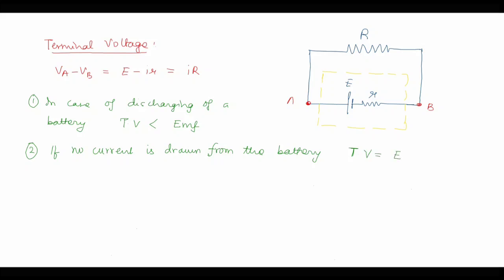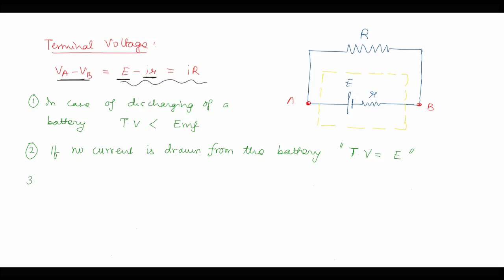So in this expression, if I put Ir equal to 0, I can say that the terminal voltage is equal to EMF. So the potential difference across the terminals of the battery when no current is drawn from it is regarded as EMF. So terminal voltage and EMF become equal when no current is drawn from the battery.